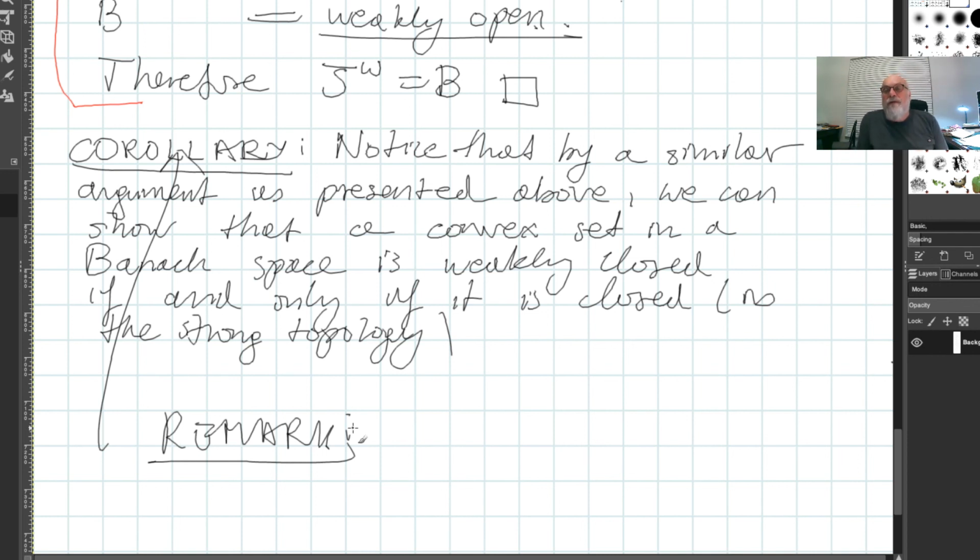I will prove it in the next segment. I will also consider linear operators, and we will show that a linear operator from one Banach space to another Banach space is continuous if and only if it is weakly continuous, and this will be maybe the additional observation for this particular segment that we actually need to discuss.